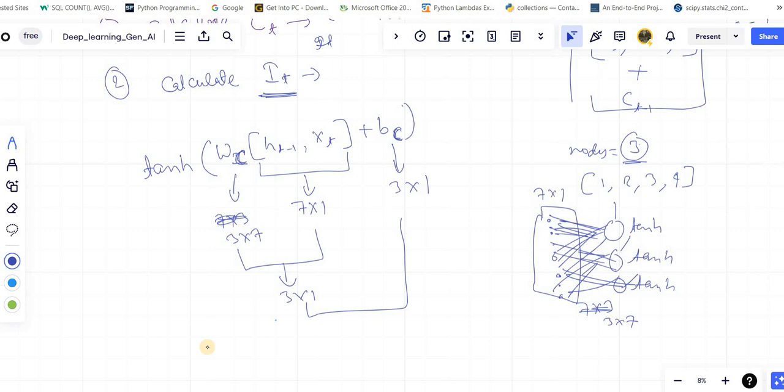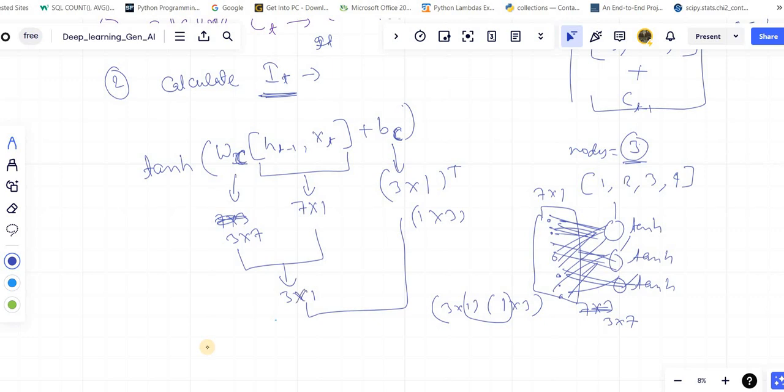So 3 cross 7 and 7 cross 1, so this is 3 cross 1 and 3 cross 1.